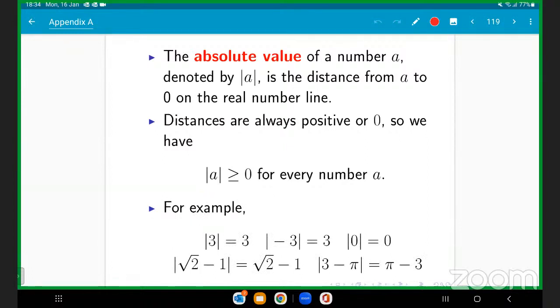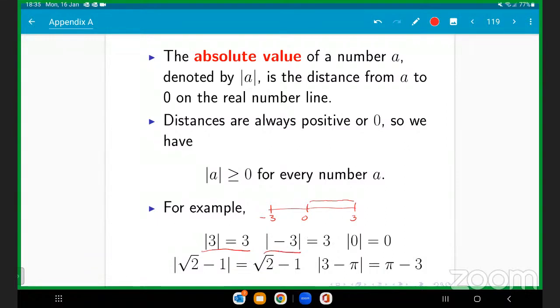For example, the absolute value of 3 is equal to 3. In other words, if you look at the number line, that is 0, that is 3, let's say that is -3, then how many units do you need to move to go from 3 to 0 or 0 to 3? Well, that's precisely 3 units. Now, the absolute value of -3 is also 3.